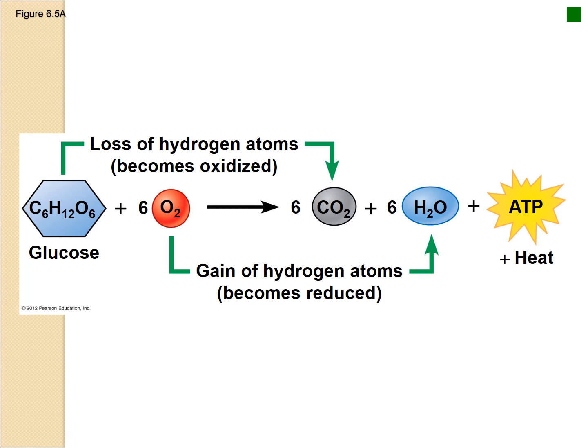So to get back to cellular respiration, on your test, you're going to have to know the formula for cellular respiration. That means what goes in and what goes out and why. So part of the thing is you take in glucose, or something comparable to glucose.